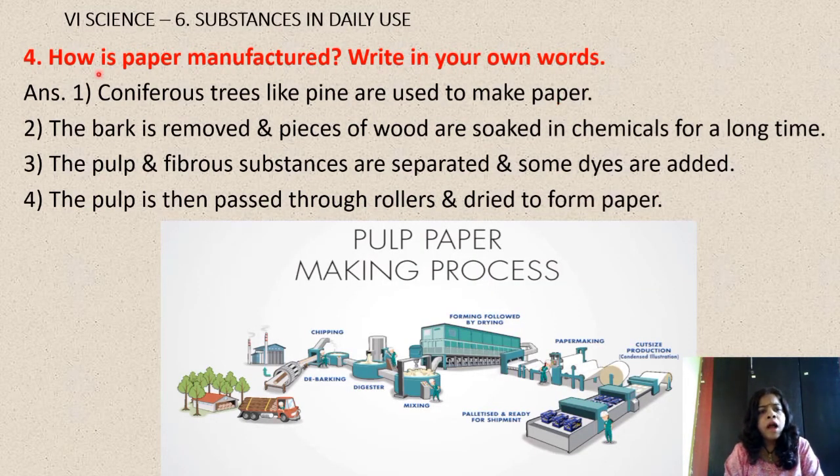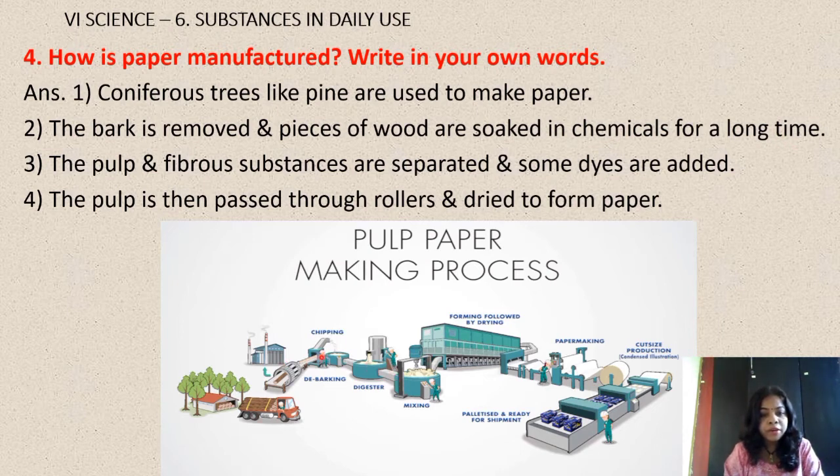Next one, how is paper manufactured? Write in your own words. Coniferous trees like pine are used to make paper. The bark is removed, means the outer skin, children, and pieces of wood are soaked in chemicals for a long time. See the soaking process here, children. This is the soaking process.